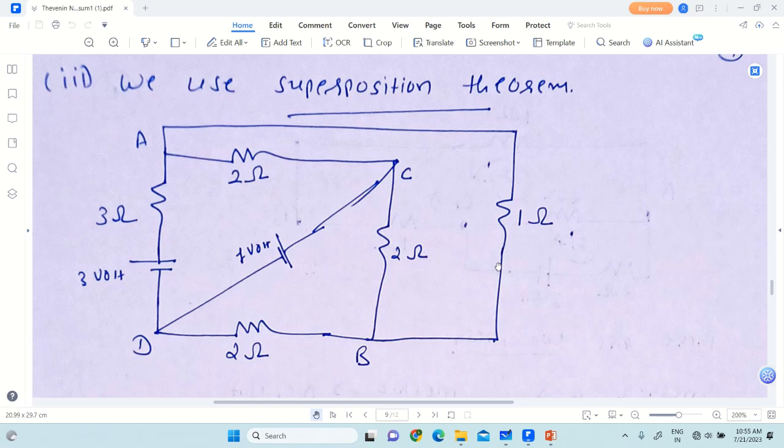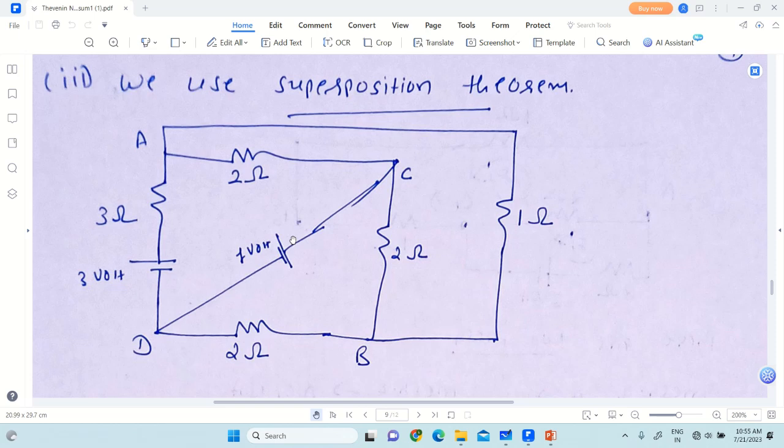In step number 1 we apply only one energy source, and at the same time other energy sources are represented by their respective internal resistances. If a voltage source has some internal resistance, then that voltage source is replaced by its internal resistance.